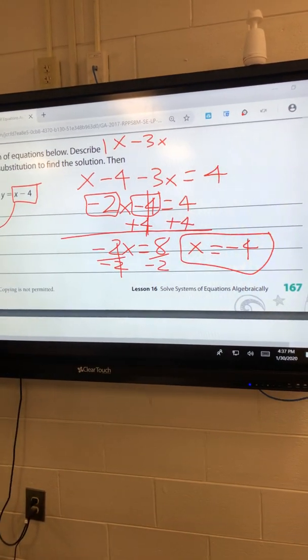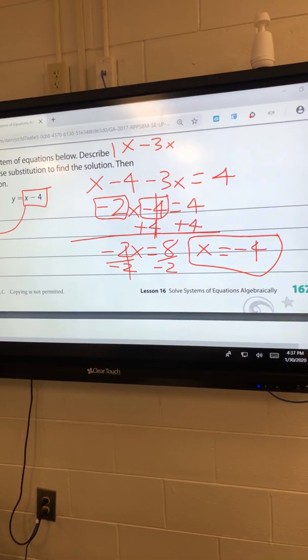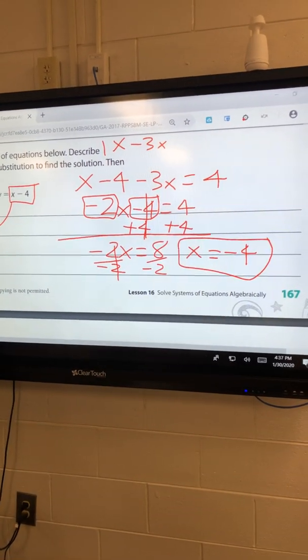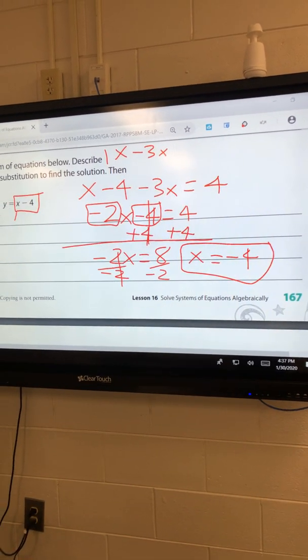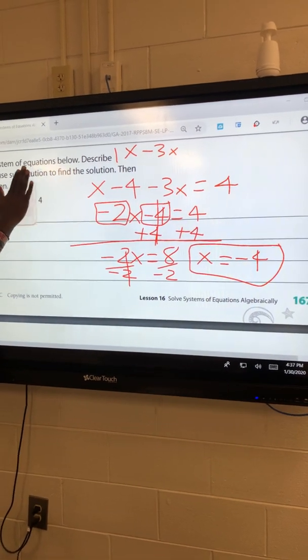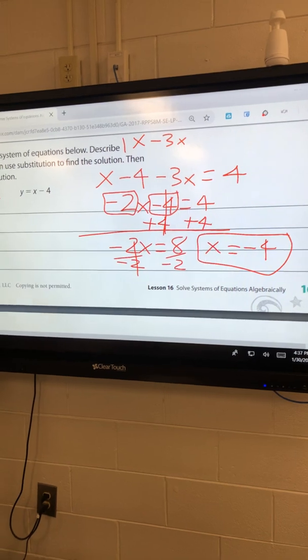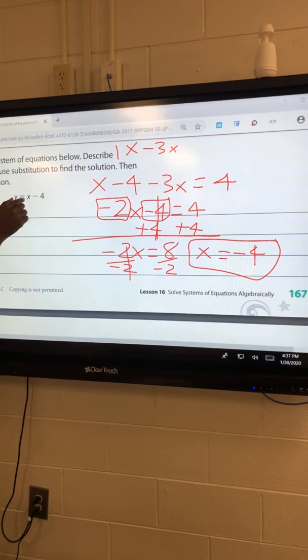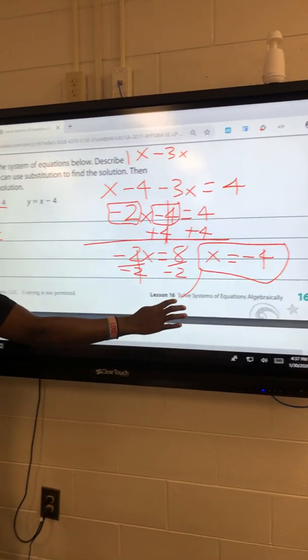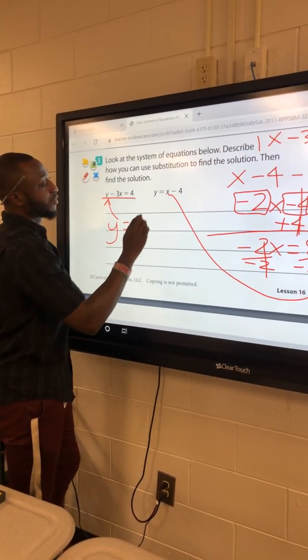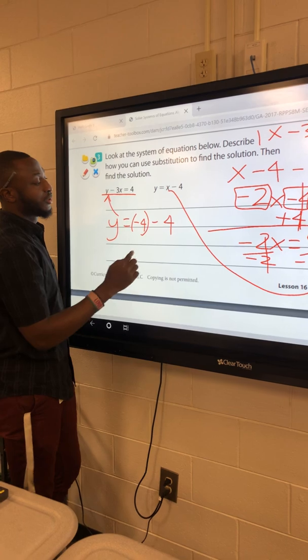The last step says, plug in your value of x into one of your equations and solve for y. Okay? So one of my equations is y equals x minus 4. I'm going to plug in my value of x, which is negative 4. So it'll be y equals, instead of x, I'm plugging in negative 4 minus 4.